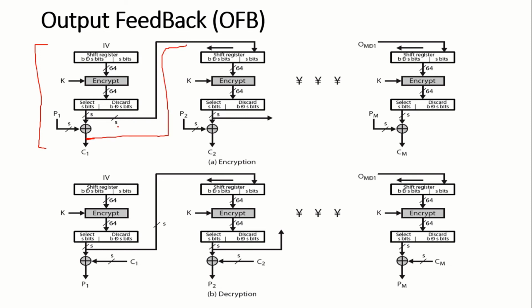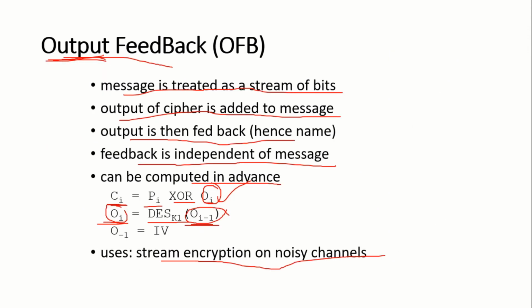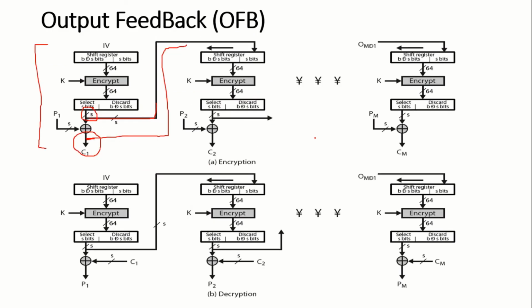But here in the output feedback mode, what we do is we feed back this output to the next stage, not the cipher block. That is the thing which is written over here. The output of the cipher is added to the message, and then the output is fed back. So we will be considering this output.